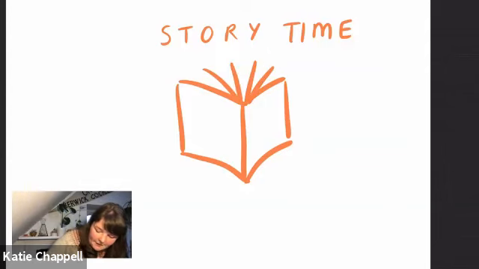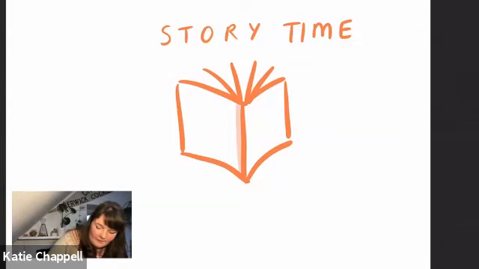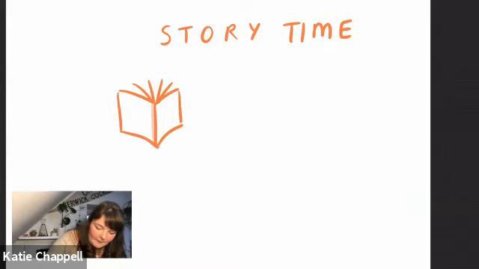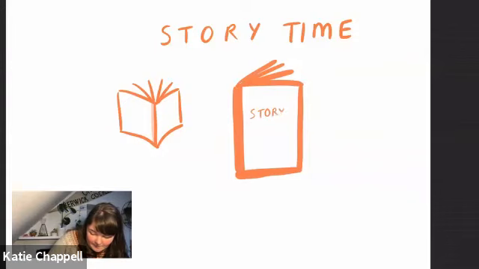And if a book that shape feels a bit of a stretch drawing wise, I'll make that one smaller. You could totally do a book straight on, so just a rectangle, and then have the pages coming out of the top. Take it another step further and even write story time on the book.